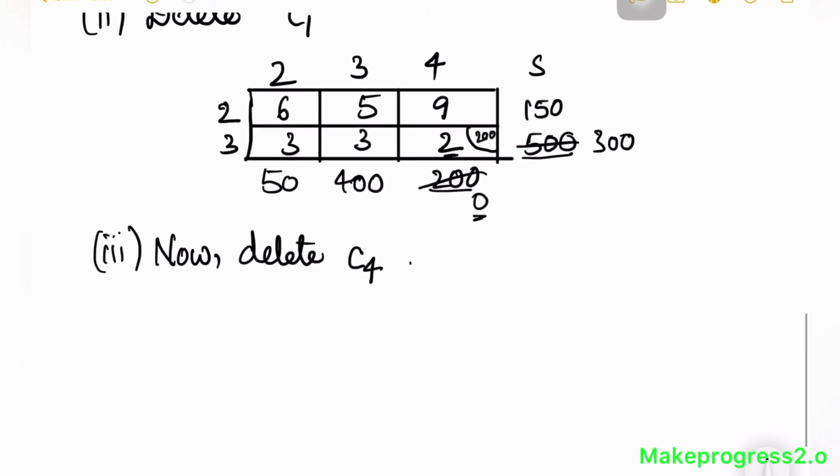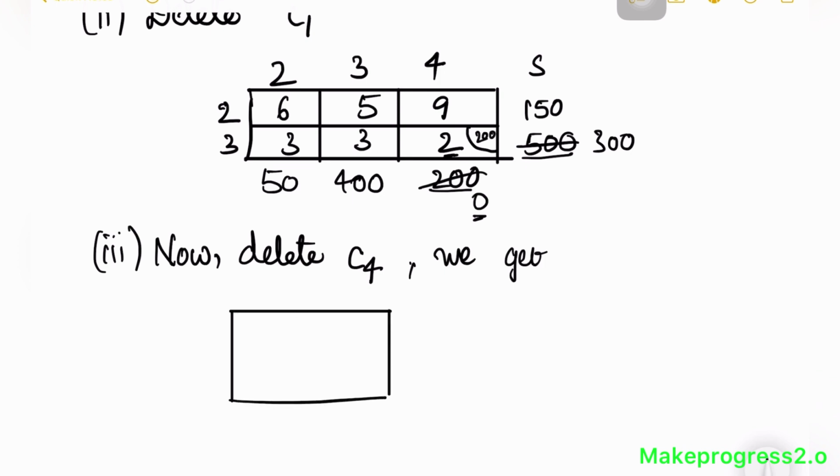So if we delete the column 4, we will get the new table as a 2 by 2 model. So 2 columns and 2 rows we will be having. So you have columns 2, 3, and rows 2, 3.